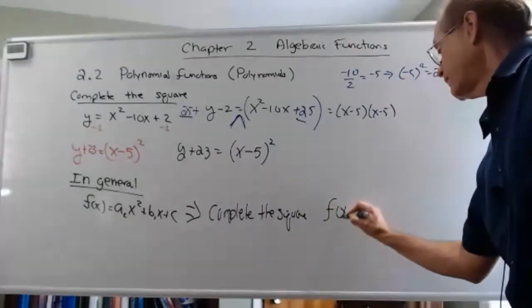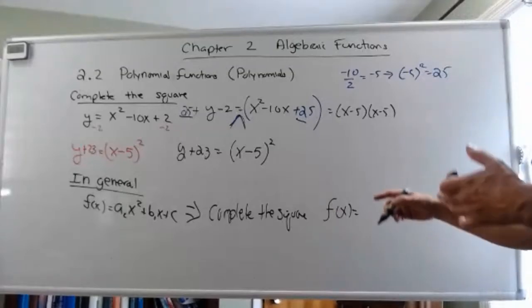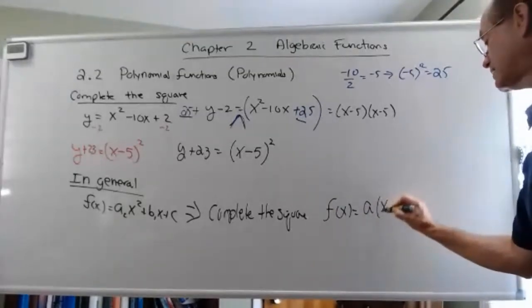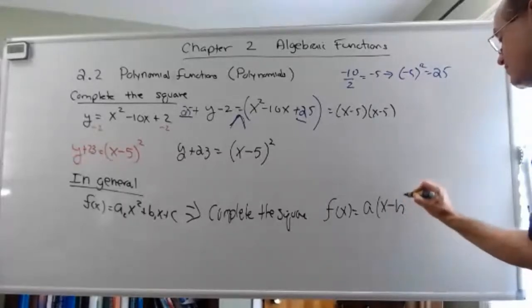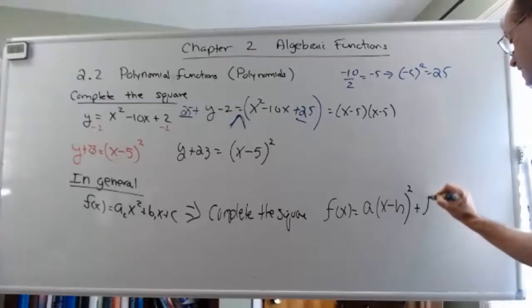f of x is equal to, and I'm going to put the generic coefficient of a, times x minus h, quantity squared, plus k.